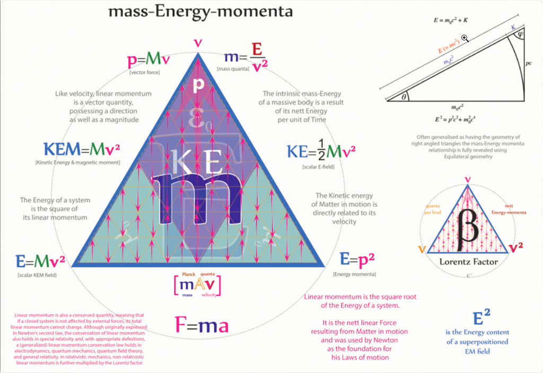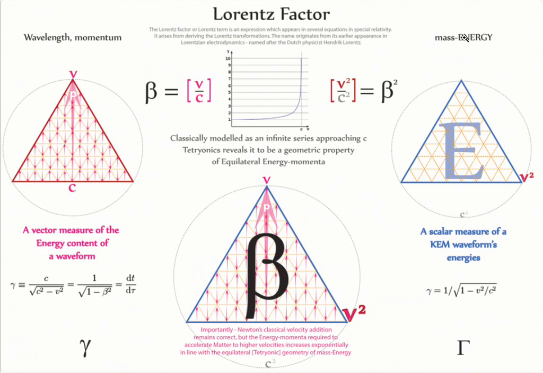We replace all their right angle triangles with equilateral triangles now, because it's the alpha geometry that is the key to physics. And as I said, any changes in energy momenta that are required via the application of a force on any mass matter has the energy of that force stored in its chem field.